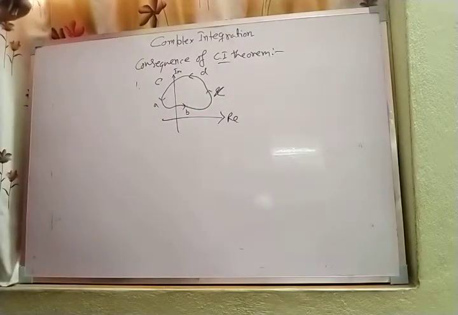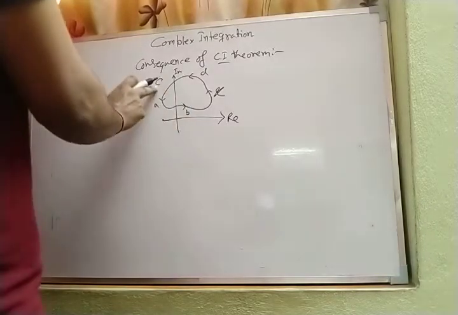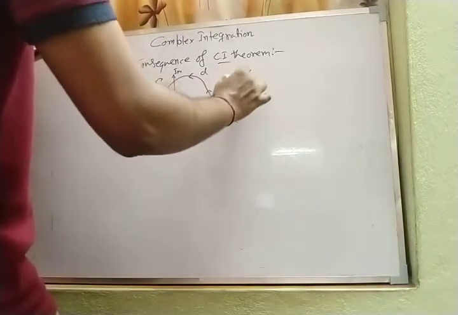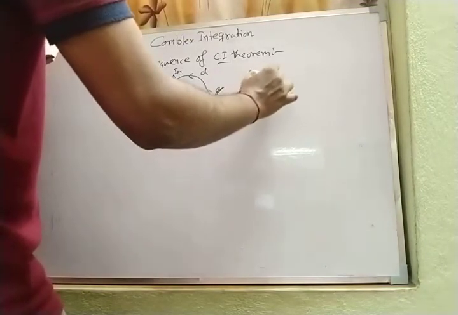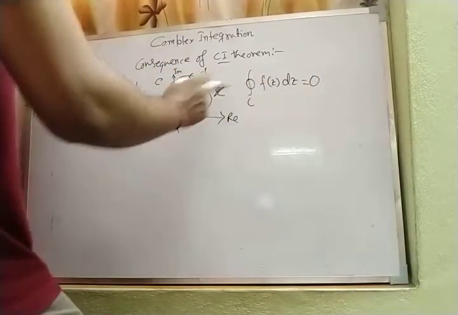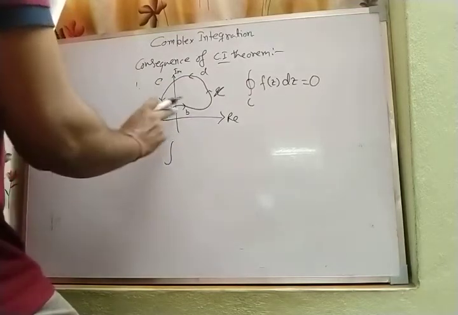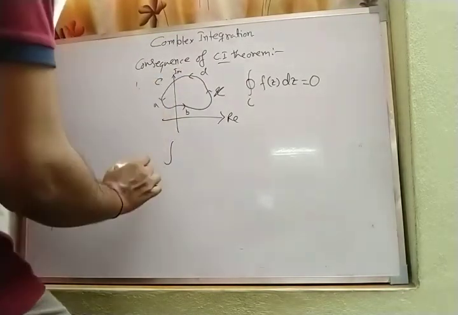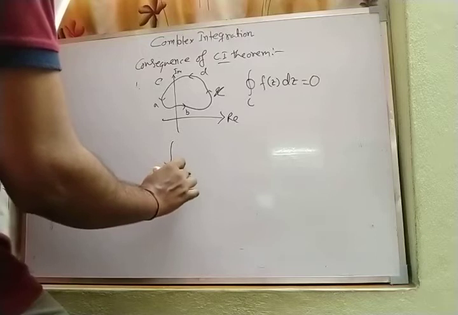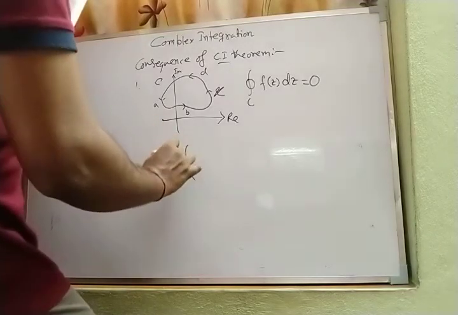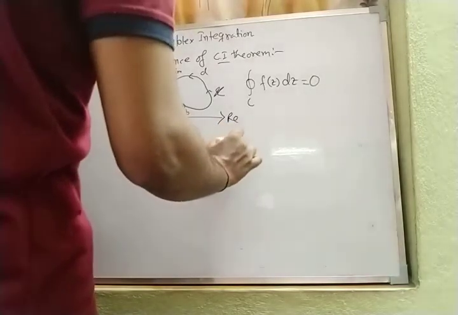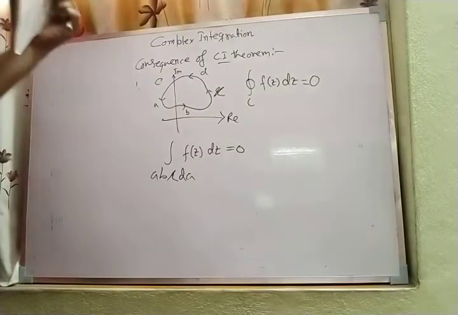So if a function f of z is analytic in the region bounded by C, then from Cauchy's integral theorem we know that the closed integration over C of f of z dz equals 0, right? So from this we can also write the integration over A B C D A, a closed loop, of f of z dz equals 0. Clear?